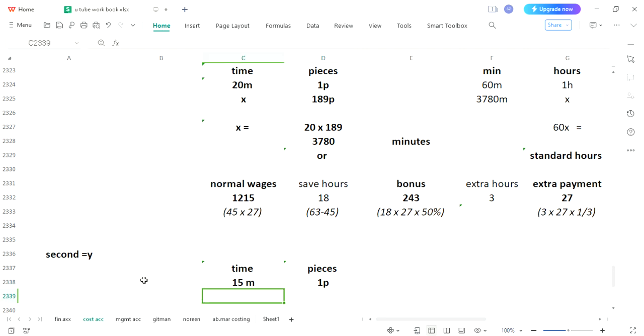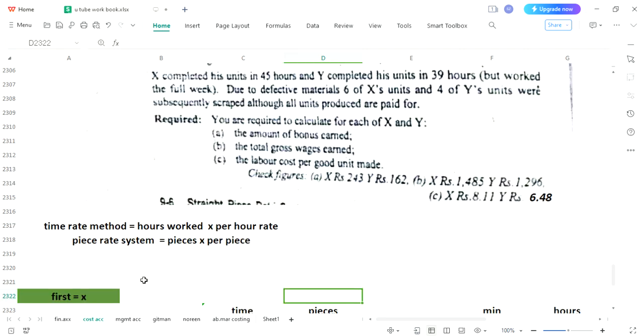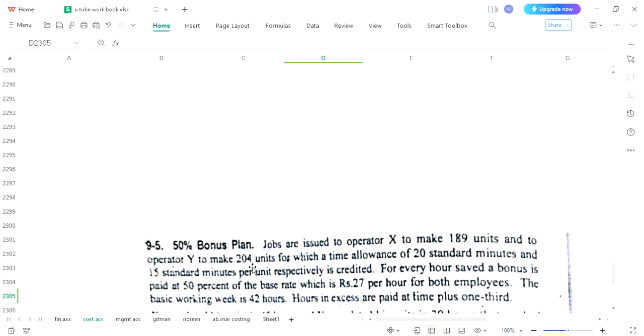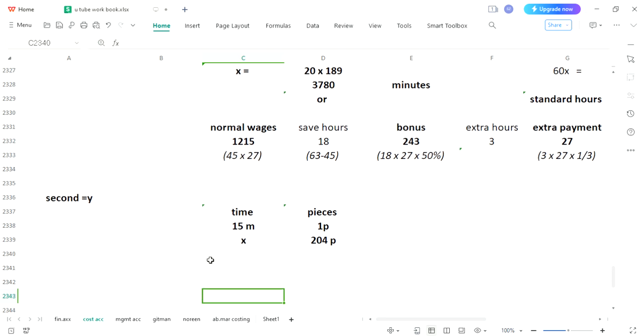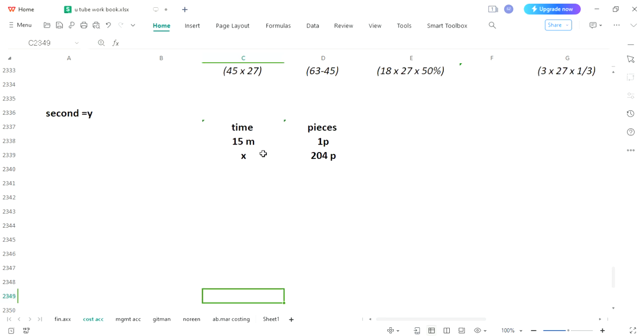But how many number of pieces Y had produced? 204. Please keep it in mind. So we need to know for 204 pieces how many minutes one should take. So this is our query. Please read it again. 15 minutes were given to Y to produce 1 unit and he had made 204 pieces. How much time would be needed to produce 204 units?